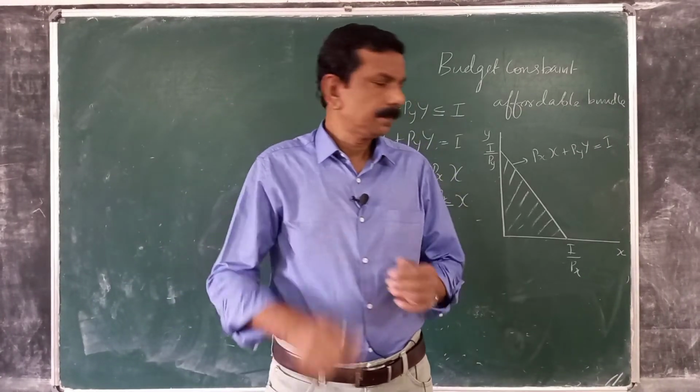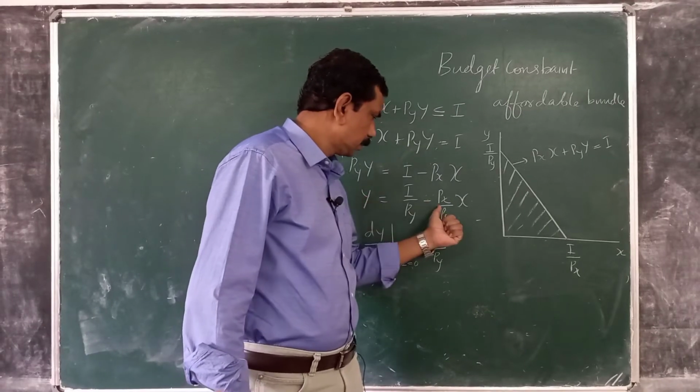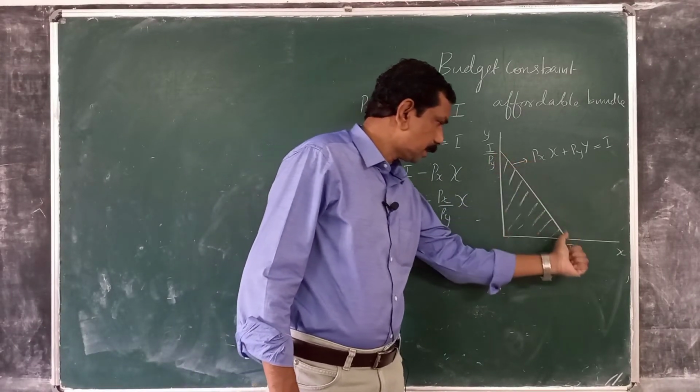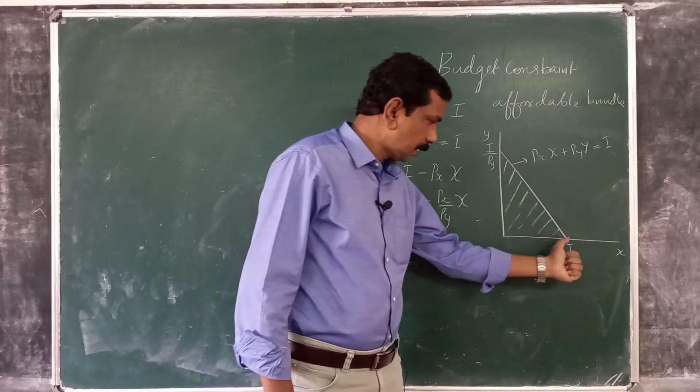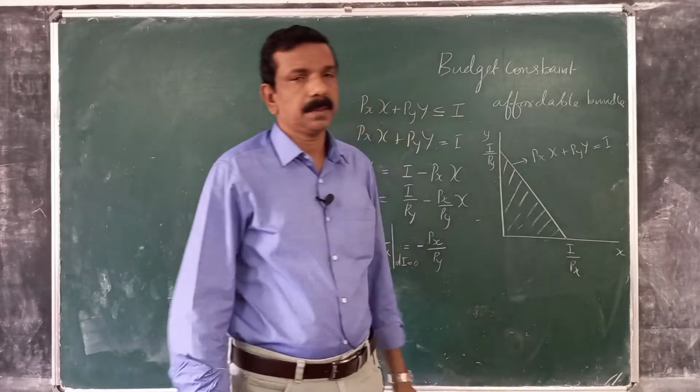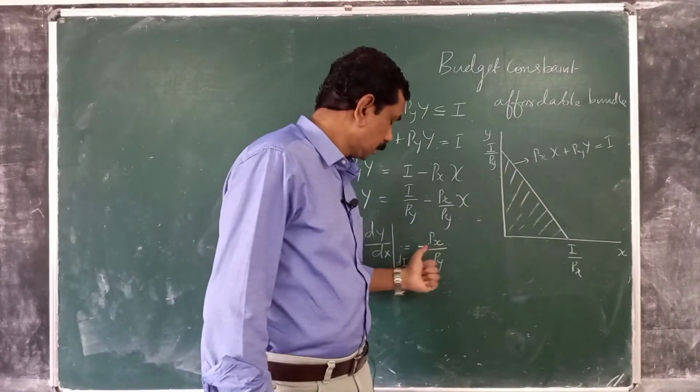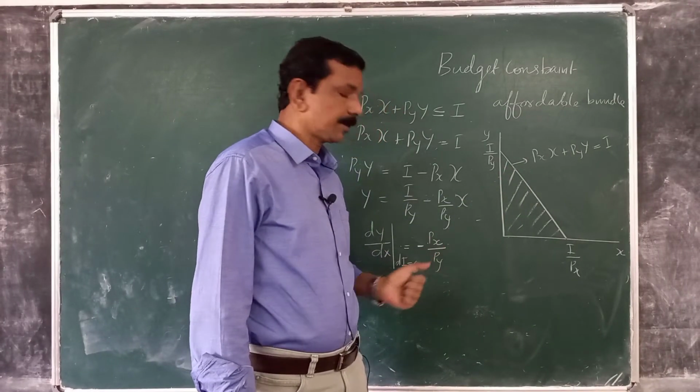Now, this equation represents the budget line with the y-intercept I by Py, x-intercept I by Px, and the slope negative of the price ratio.